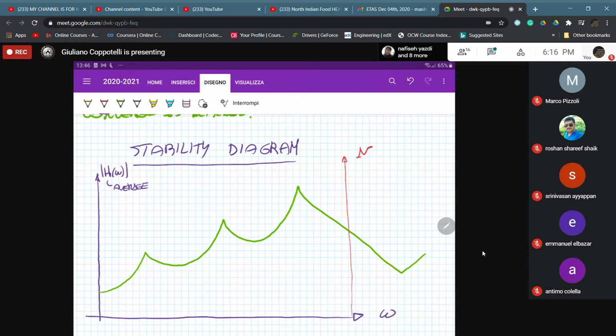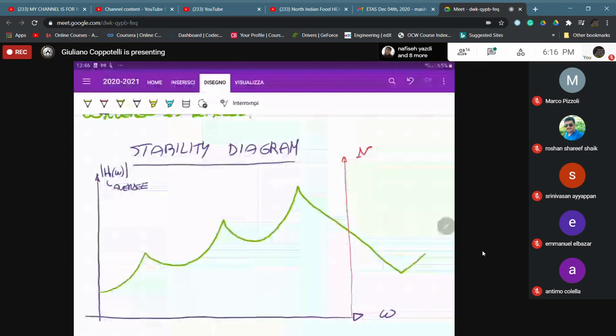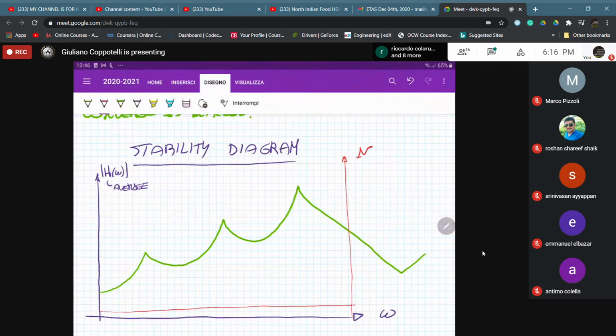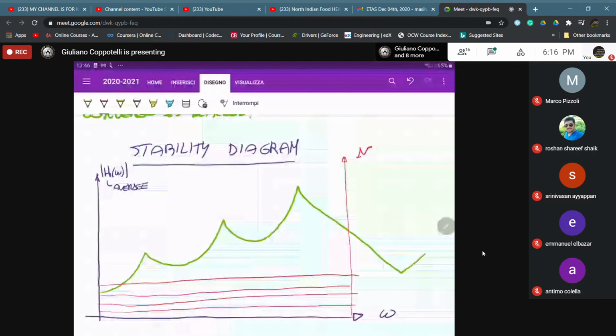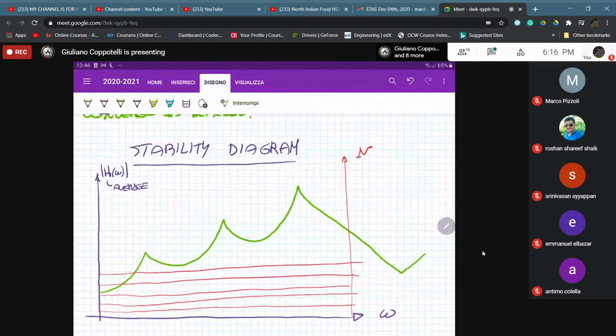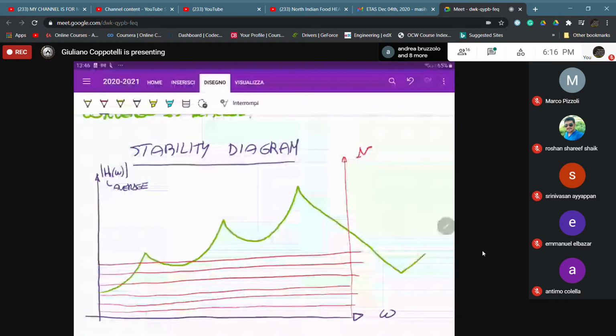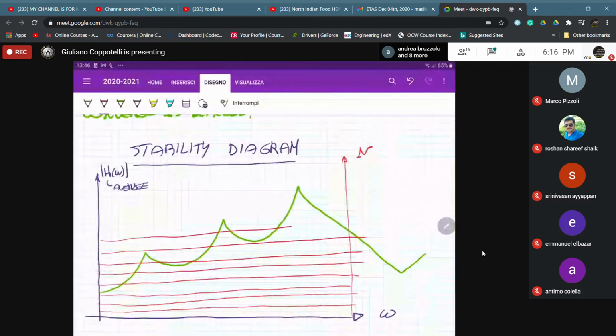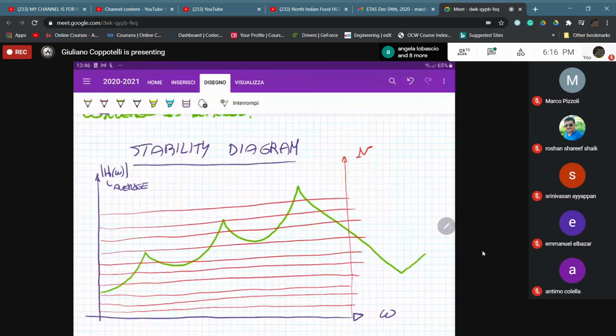And this is done by having different model order lines like this, for example. Okay, this is the model order 1, 2, and so on. Okay, and you get up, up, like this. Okay, you can have several horizontal lines.